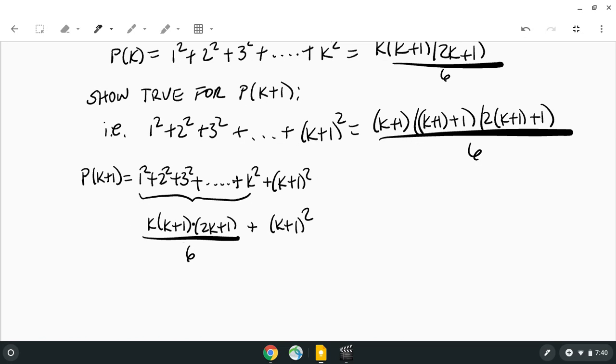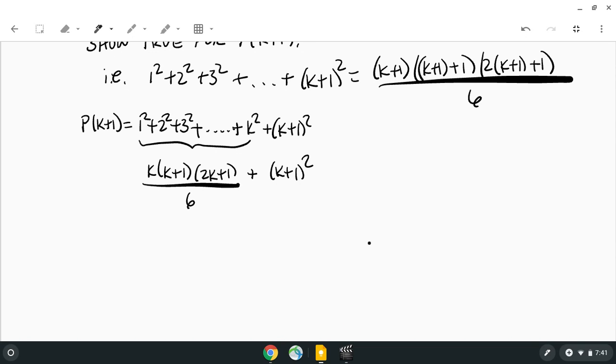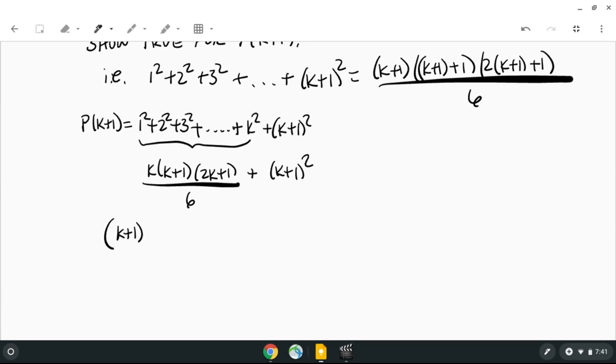One way to do this, you could try multiplying this out and see if you can manipulate it that way. What I'm going to do, because I noticed that this has a k plus 1 and so does this, so both of these terms have k plus 1 in common, is go ahead and factor out a k plus 1.